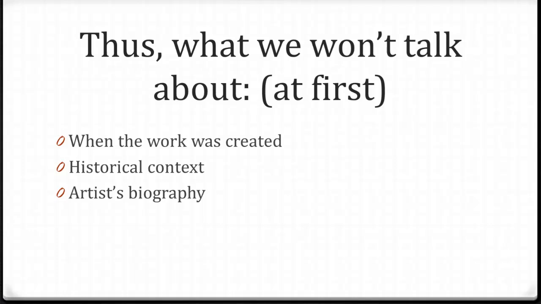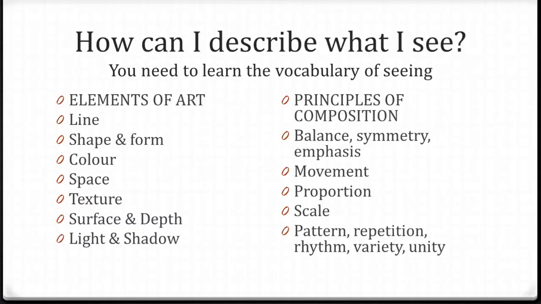But you first need to look at the work yourself. You first need to look at the work and develop your own visual vocabulary, your vocabulary of seeing. And these are the tools that you use to articulate what you are seeing. So it is very important to develop the vocabulary, the words, to be able to describe what you are seeing.